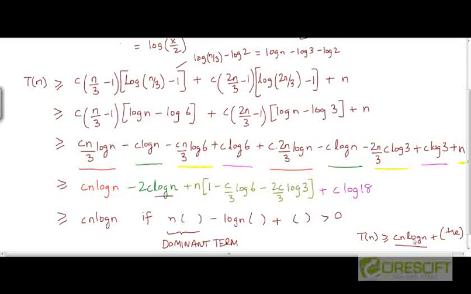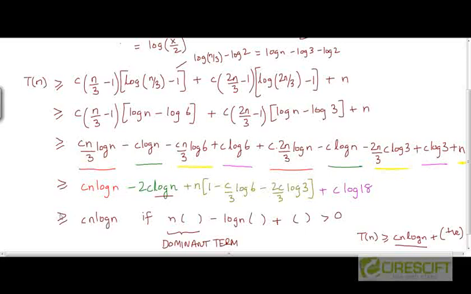Because if it's greater than or equal to the sum of these two positive expressions, then it's definitely greater than or equal to this first expression by itself. So if these non-red terms add up to something greater than 0, then we can claim that T of n, or this whole expression, will be greater than or equal to Cn log n.